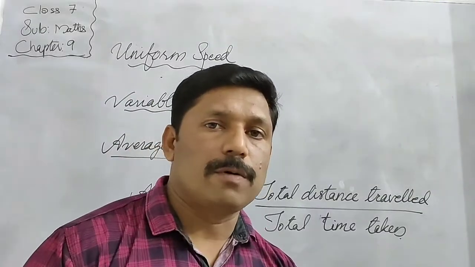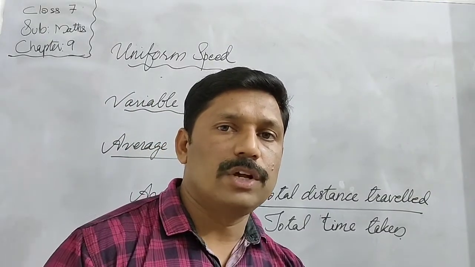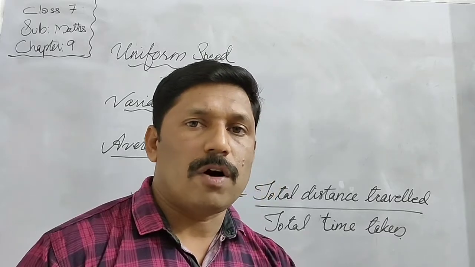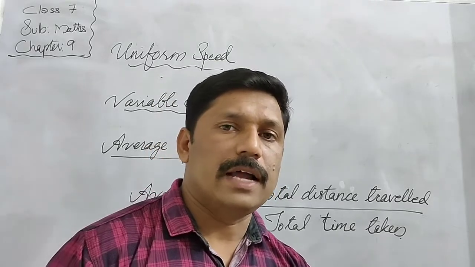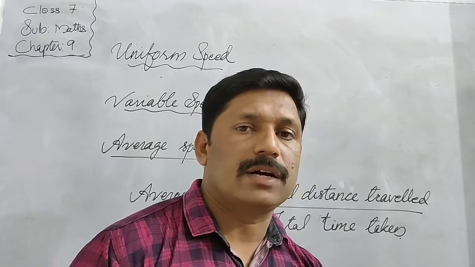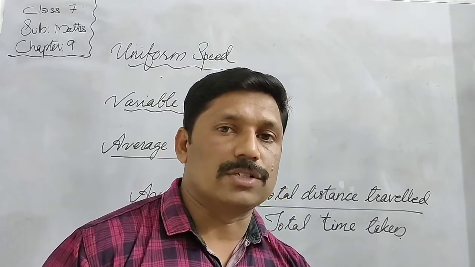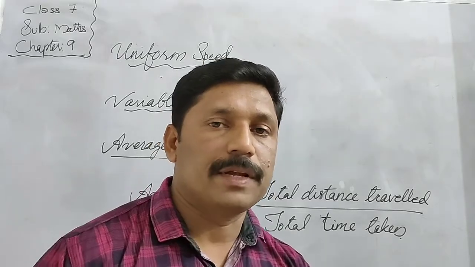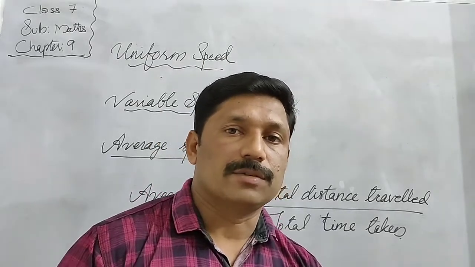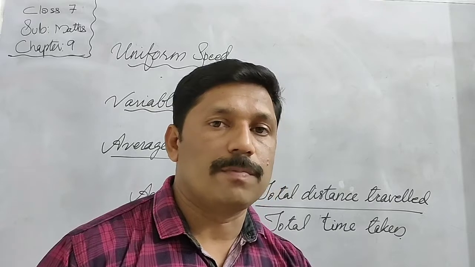Then what is uniform speed? Dear students, uniform speed means if an object covers an equal distance in an equal interval of time. If an object travels equal distance at an equal interval of time, then we say that that body is in uniform speed.